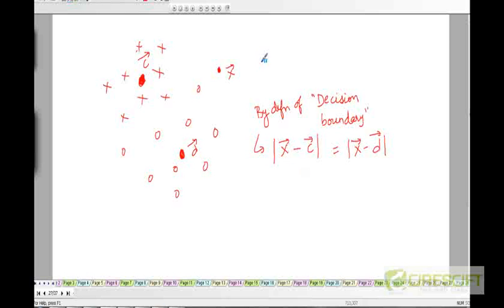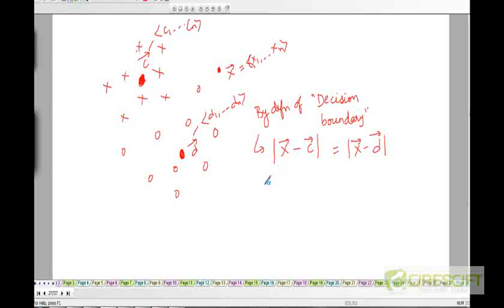Now let's say X is a vector x1 to xn, C is a vector c1 to cn, and D is a vector d1 to dn. What is the magnitude of the vector x minus c?